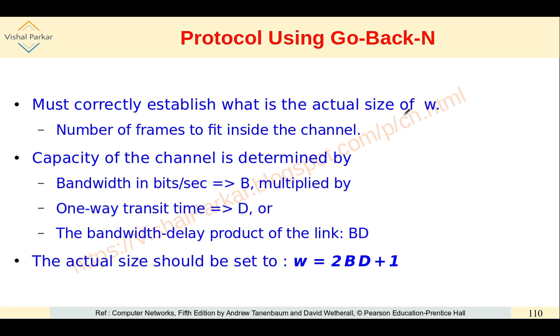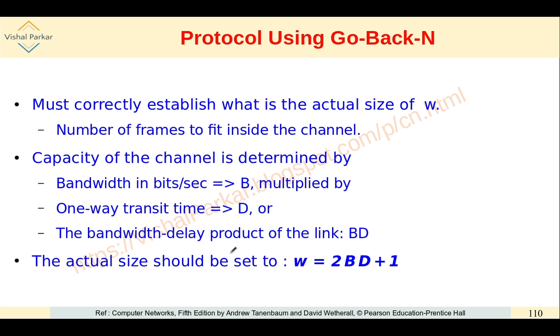That calculation of W requires calculating how many frames will fit inside the channel. And to know that, we need to calculate the capacity of the channel, which is given by the bandwidth of the channel in bits per second, which is B, multiplied by the one-way transit time, that is D. That comes out to be the bandwidth delay product of the communication channel, given by BD.